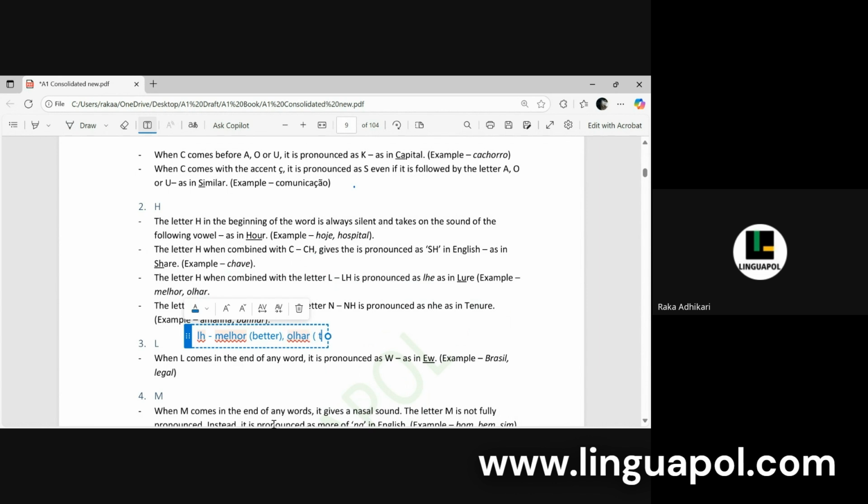Olhar means to look. Let's look at some other words. For example, a very common word, mulher. Mulher means woman. These two words are very similar and many students tend to confuse them. Melhor is an adjective which means better. And this one is mulher. Mulher means woman.